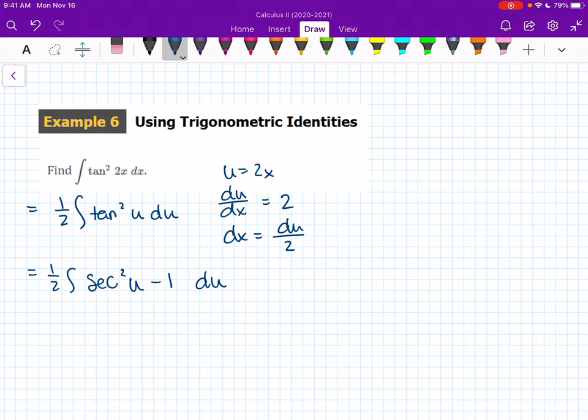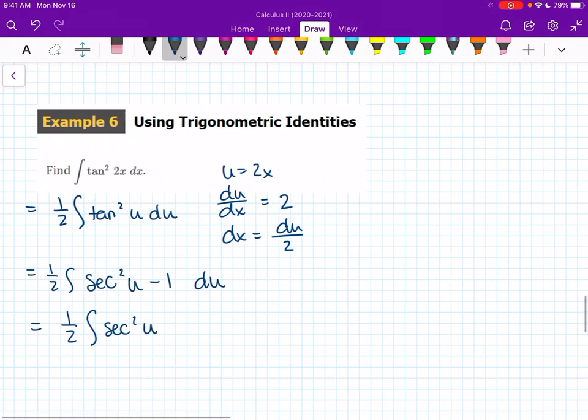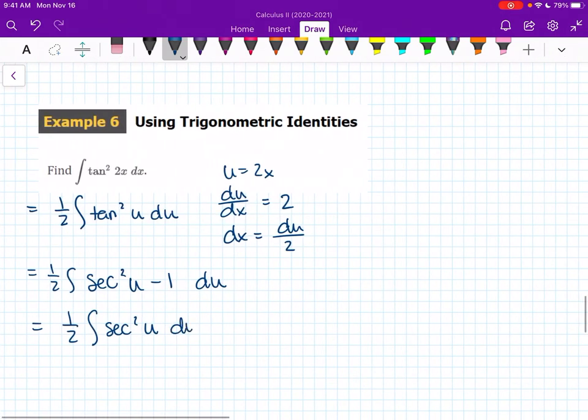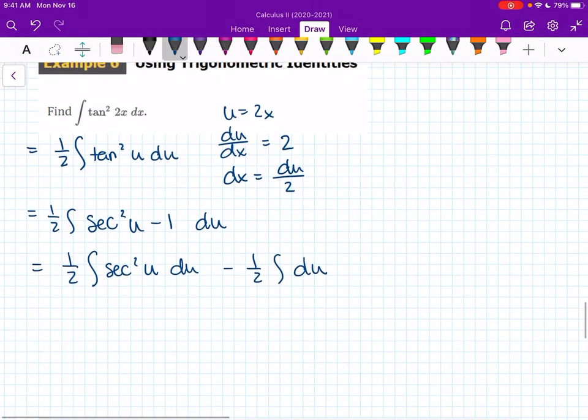And then when I look at that, I can go ahead and split that up into two different integrals. So 1/2 the integral of secant squared u du minus 1/2 the integral of du. And then this one is on our little sheet, but also the derivative of tangent is secant squared.